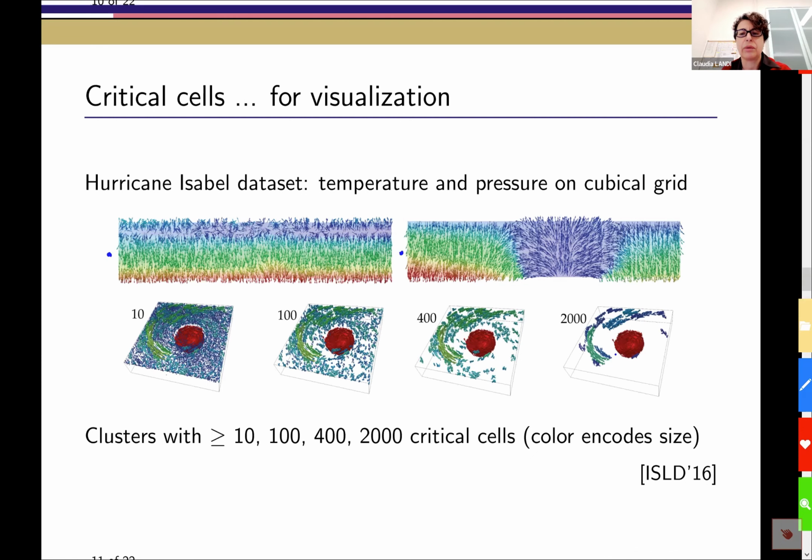Then we see that we can visualize very well the part of the data where the two gradients disagree, which is exactly the eye of the hurricane.